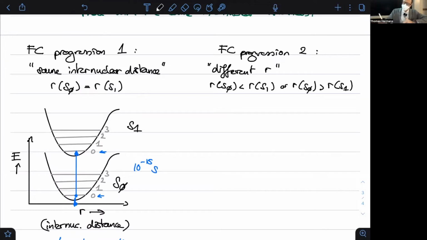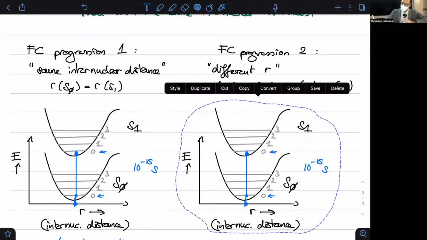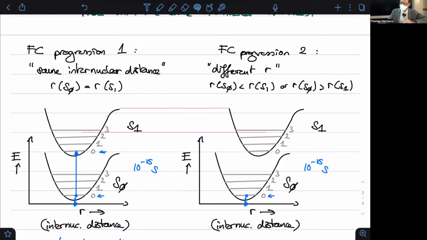Okay. So again, we're going to draw our energy landscape. There we go. And so this time is different. I'm going to move S1. So what am I doing?